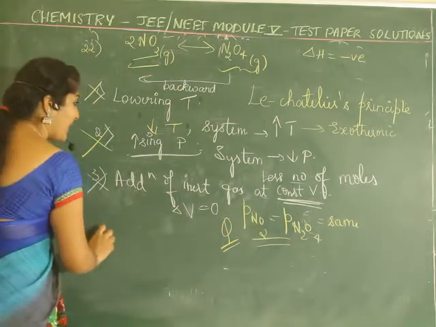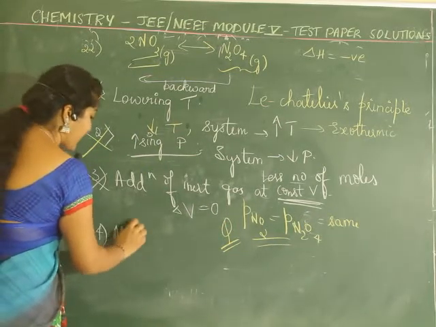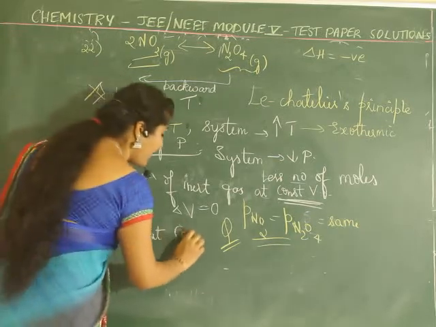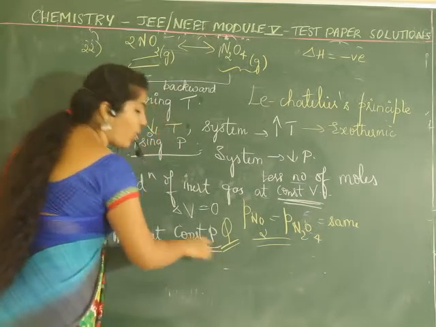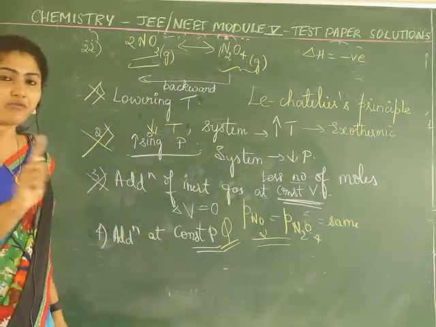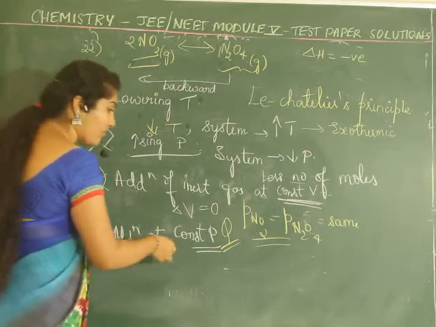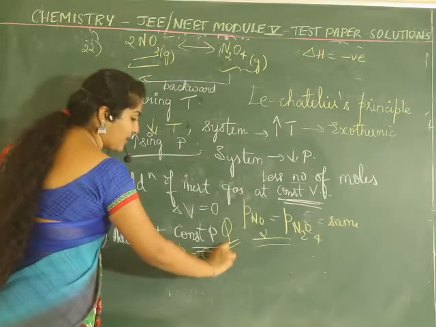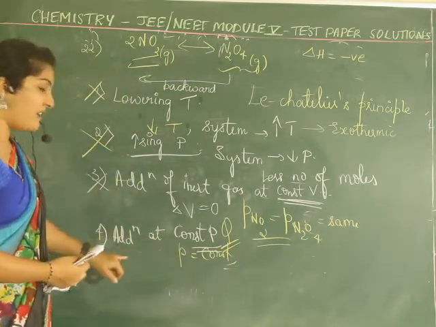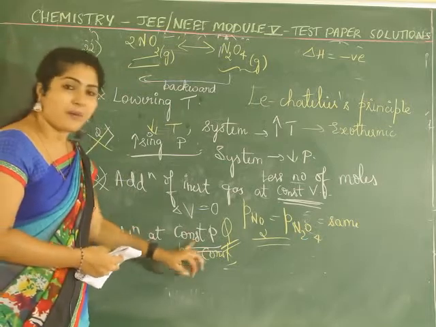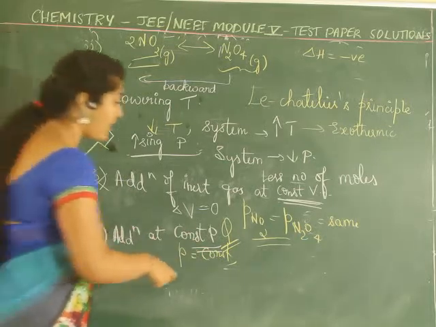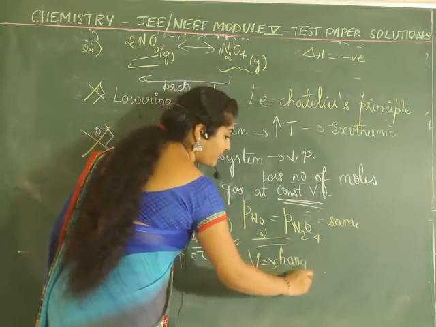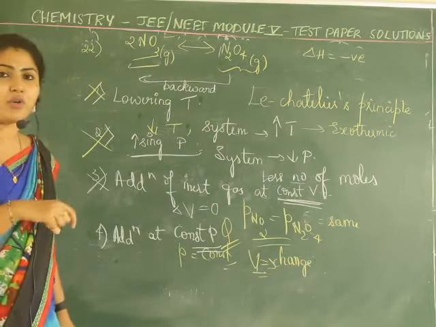The last option is addition of inert gas at constant pressure. Again, here we are adding inert gas, but at constant pressure. Now we have to see what changes take place. Here they have not mentioned that volume is constant, so volume can change. When inert gas is added at constant pressure, there can be a change in volume, because you are adding one more gas there.